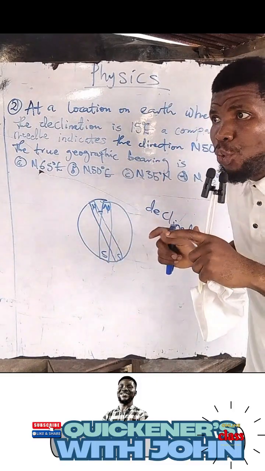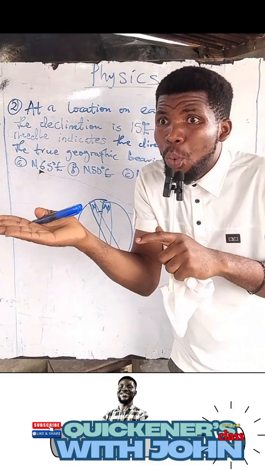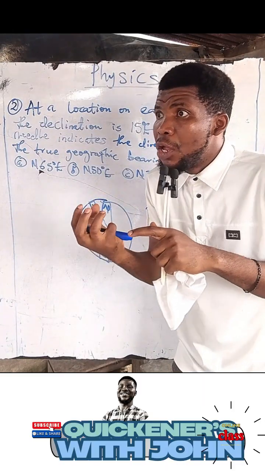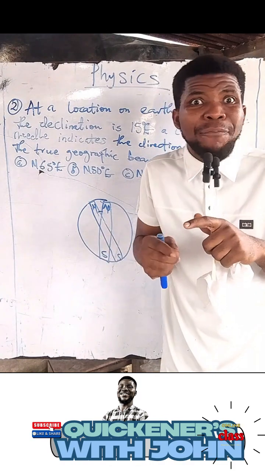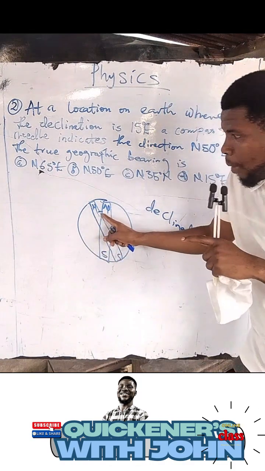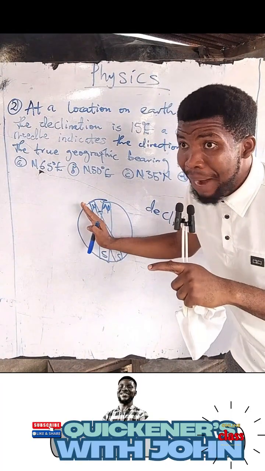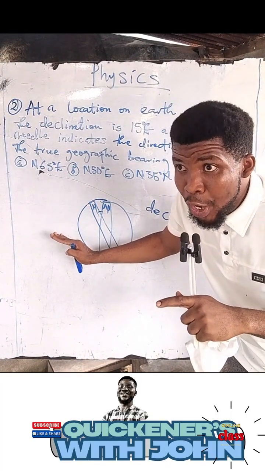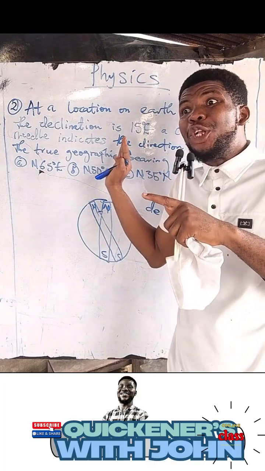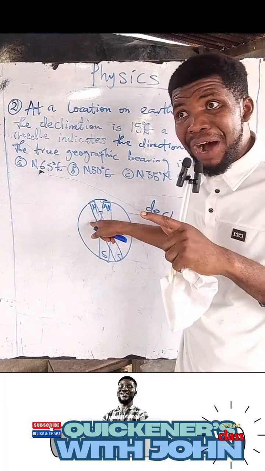So whatever you get from the magnetic meridian, which is given by your compass needle, you have to do a plus or a minus. The magnetic field goes like this, so in order to be consistent with the geographic north and south pole, we must add the angle of declination to whatever we have.